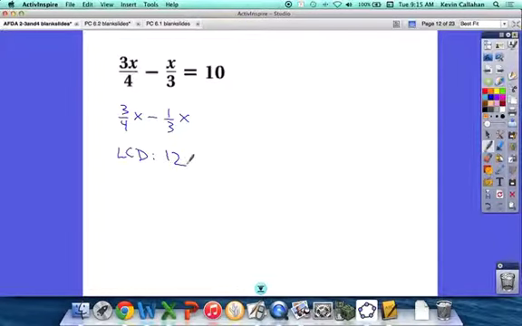So multiply both sides, every term, by 12. And I'm going to show it like this. Multiply the whole thing by 12, which is going to look like this. 12 times 3x over 4 minus 12 times x over 3 equals 12 times 10.